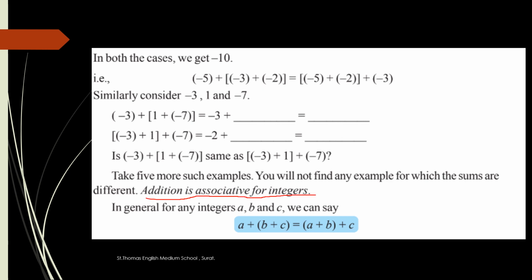In general, for any integers a, b and c, a plus (b plus c) is equal to (a plus b) plus c. Clear? Just learn this. This property is known as associative property for addition.